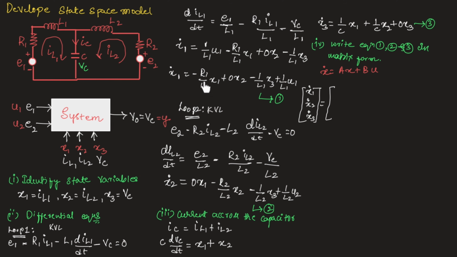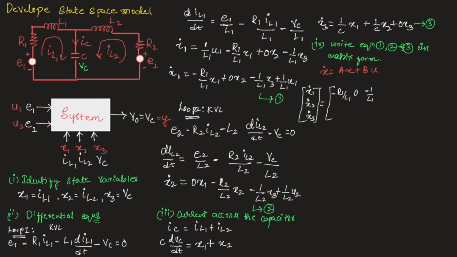So in equation 1, with respect to x1 we are having minus R1 by L1, with respect to x2 we are having 0, and with respect to x3 we are having minus 1 by L1. So we'll write those terms: minus R1 by L1, 0 and minus 1 by L1.